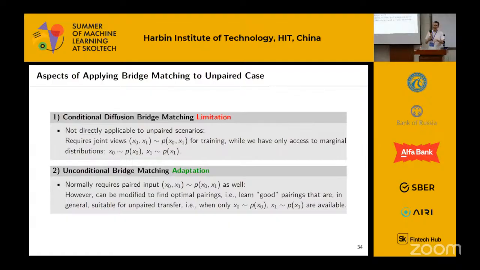But unconditional bridge matching can be modified the same way that flow matching is modified, to produce a rectified flow-like algorithm, which allows us to recover one specific pairing of data which in some sense preserves the content during translation from one domain to the other in the best way. And this is how it is done.